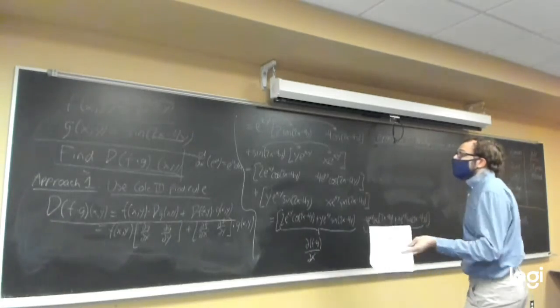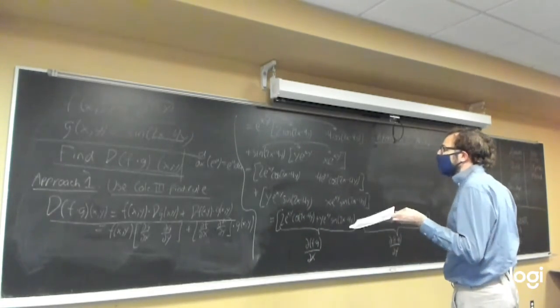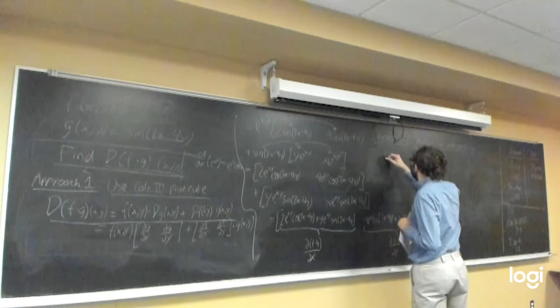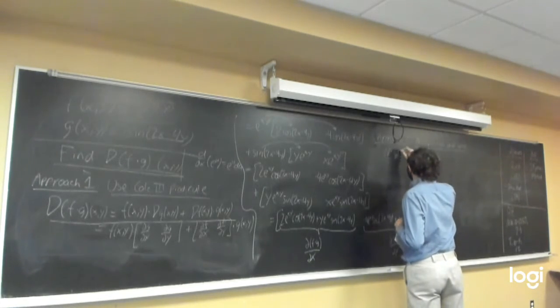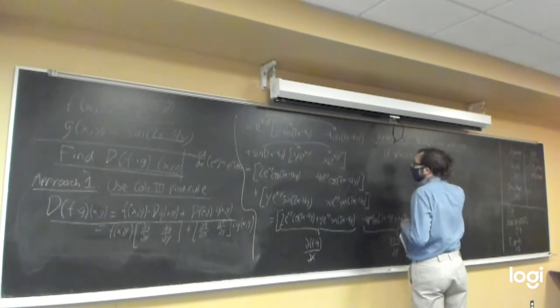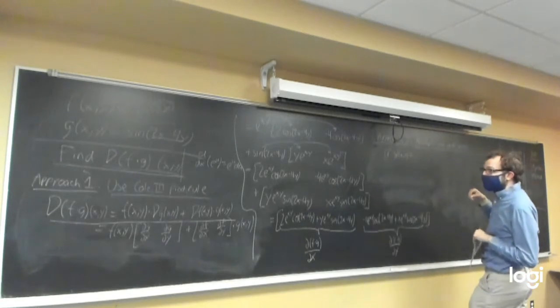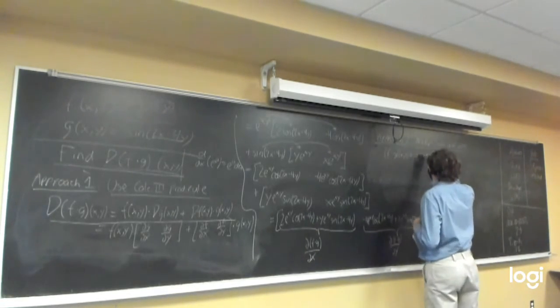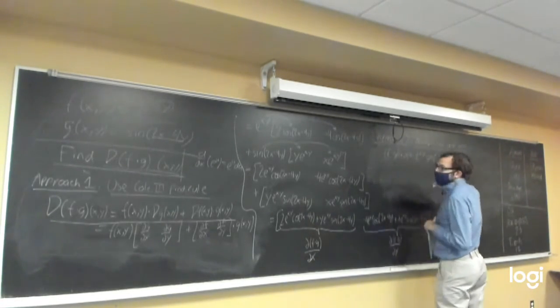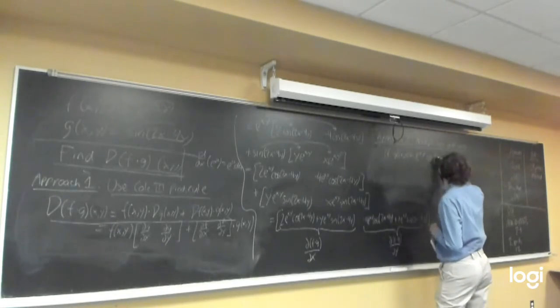So the first thing we're going to do in the second approach is to just multiply f and g together directly. So that f times g of x, y is going to be e to the xy times sine of 2x minus 4y.